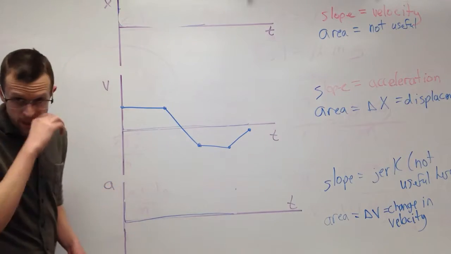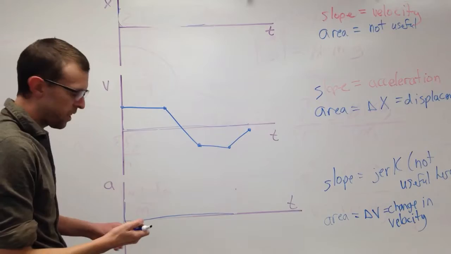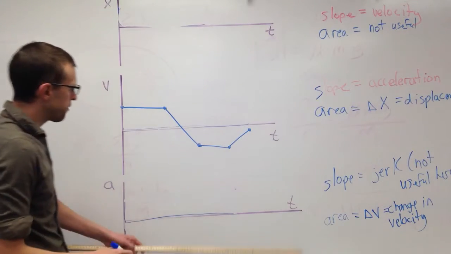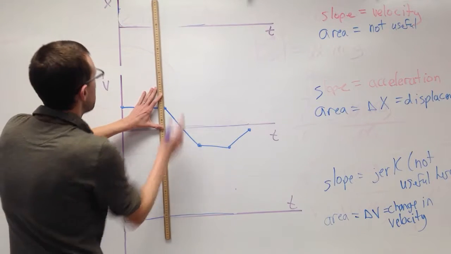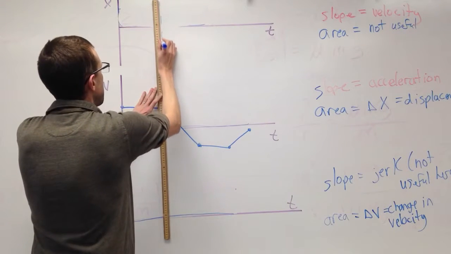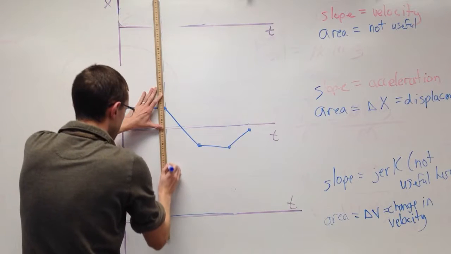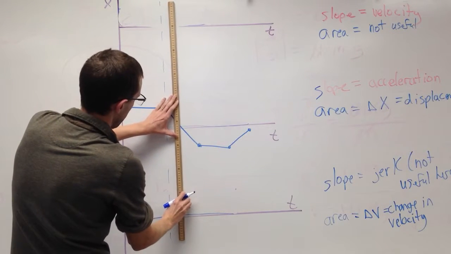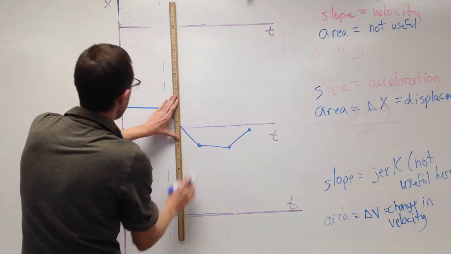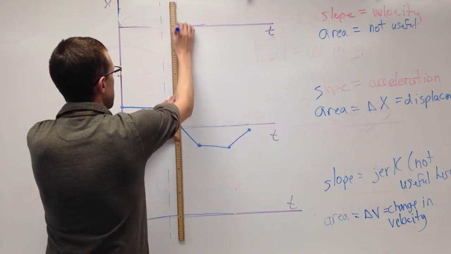So let's start with this graph, and I'm just going to make some marks to indicate where these significant moments happen on each one of these graphs. I'll go ahead and mark the 0 here, passing through 0 velocity.